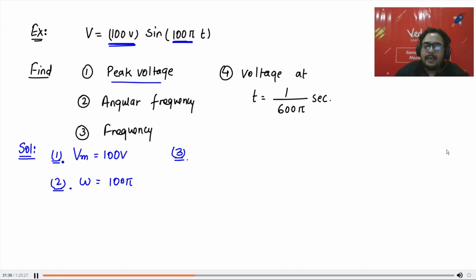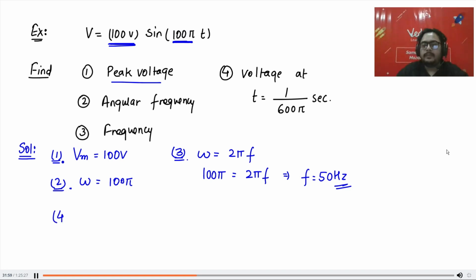Third thing they are asking is frequency, which is F. Now I know the formula omega is 2 pi F. Omega I have just calculated 100 pi. It is 2 pi F. So frequency I get is 50 Hertz. Very good, Shivani. And finally, they are asking me voltage at t is equal to this much. So put it there.